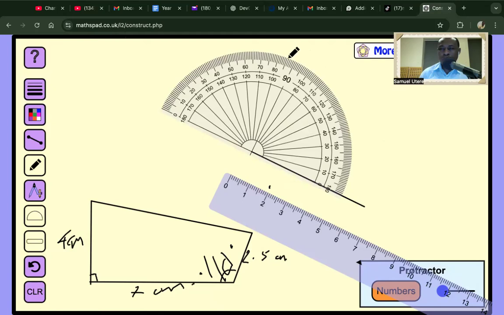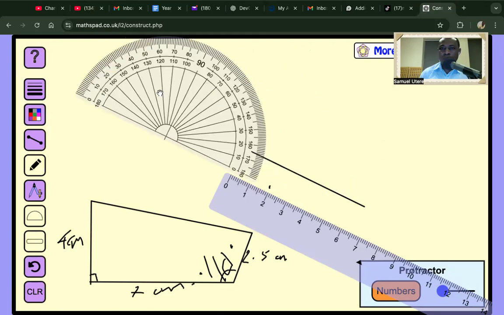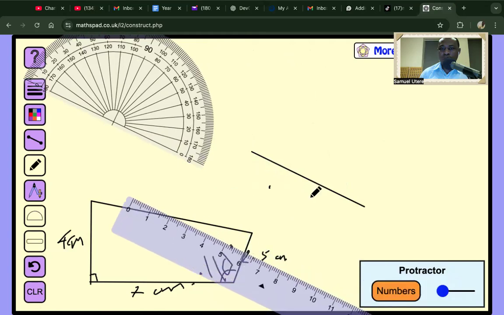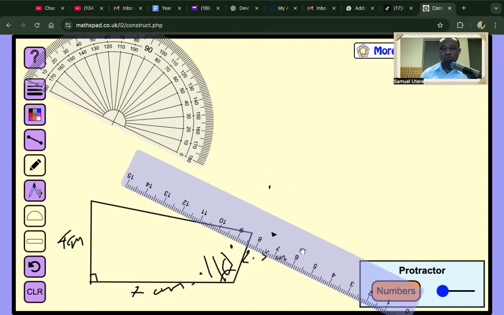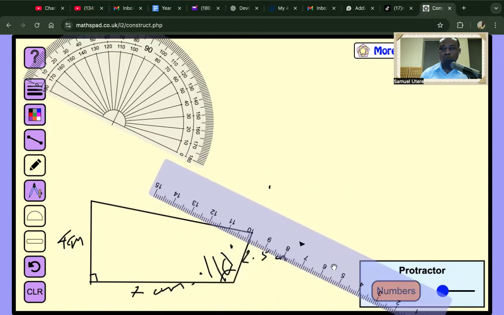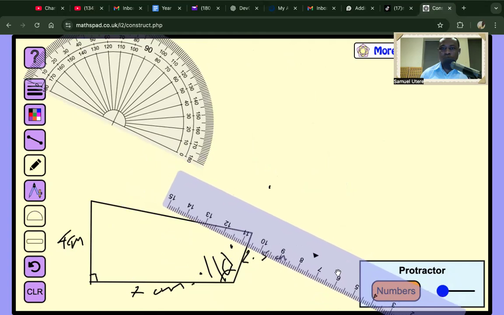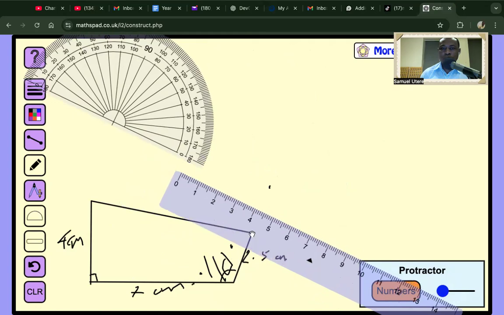We'll put our mark there. We may not have enough space. Let's see whether we can move this line over. Let's move it over here so that will have sufficient space. So 6 centimeter.